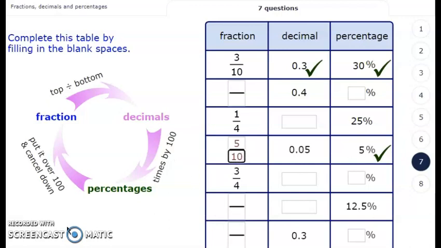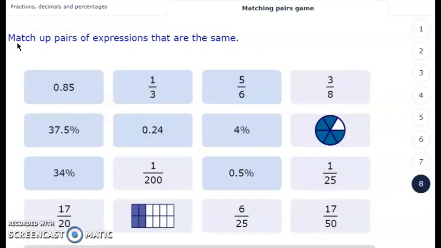So similarly you can do the rest of the questions. Then we have the next set of questions. Match a pair of expressions that are the same. So suppose 0.85 and these two are the same. Similarly you can match, say, 37.5% is here.